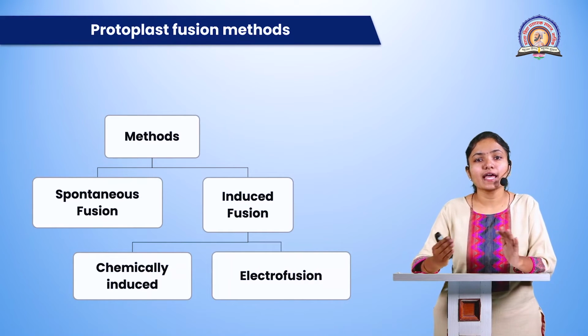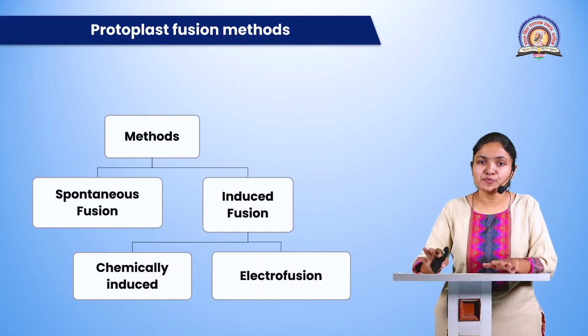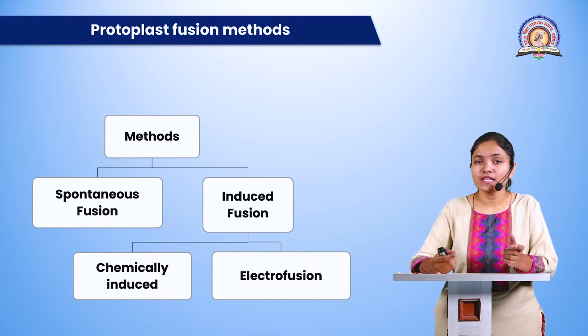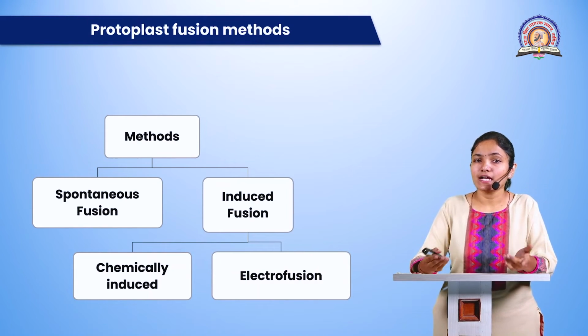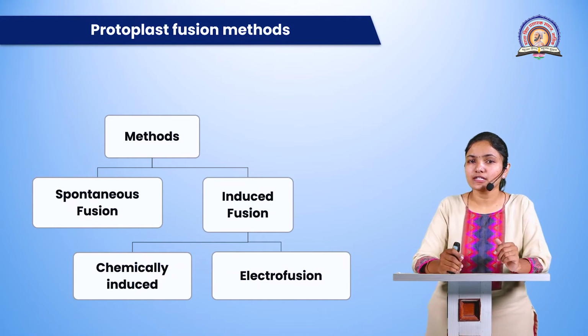Now if I have another plant of the same species which is resistant to the disease, what I can do is simply isolate the protoplasts from both of these plants, and after isolation I can fuse them together. Now what is the result after fusion?